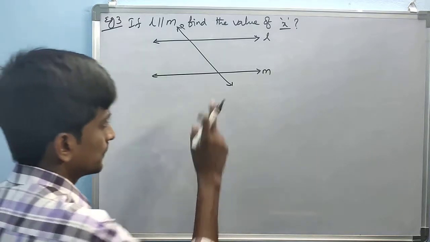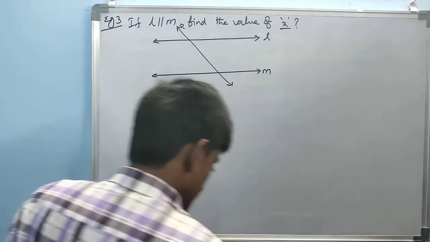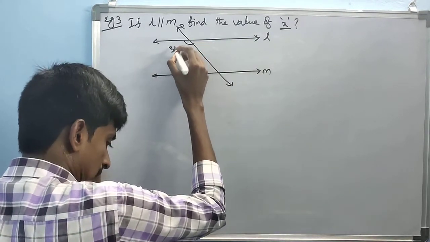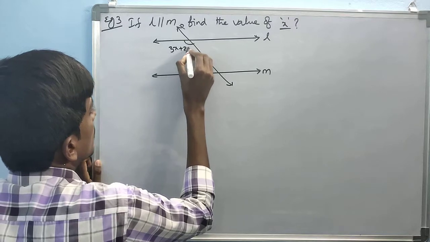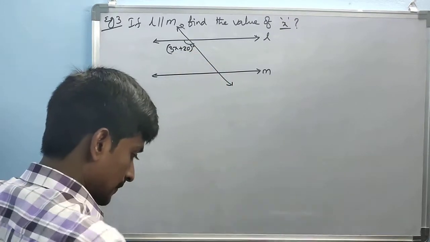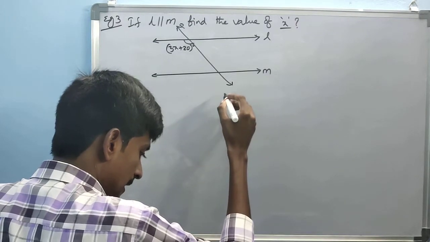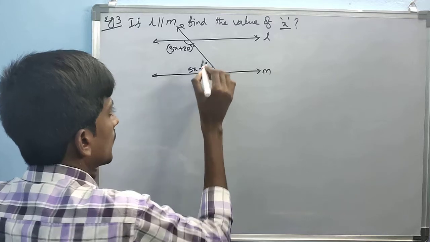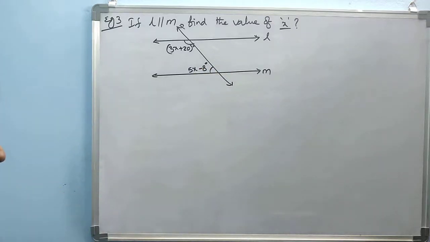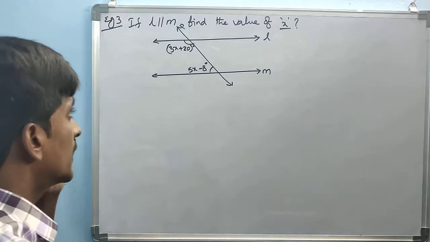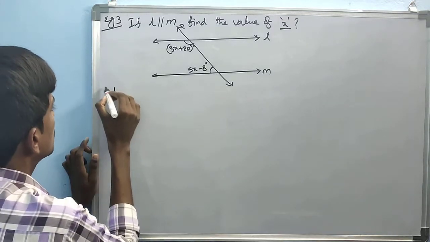Okay. 3x plus 20 degrees, 5x minus 8 degrees. This is given. Find the value of x. Here, solution.